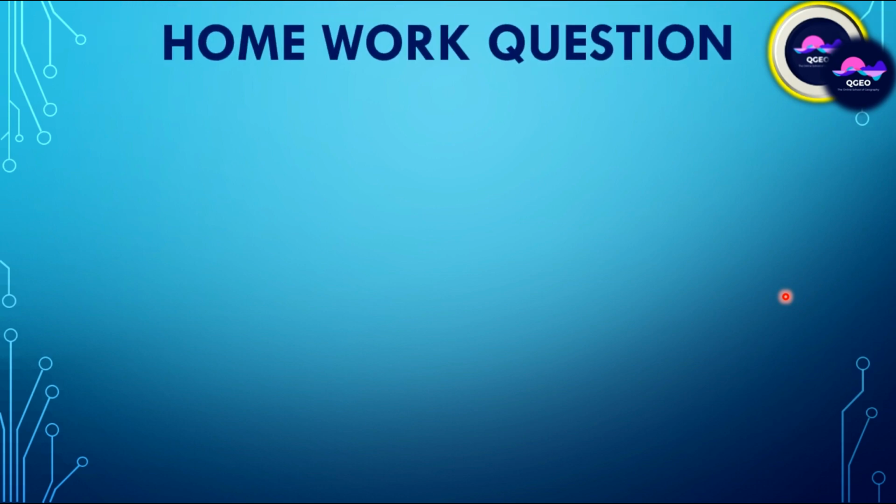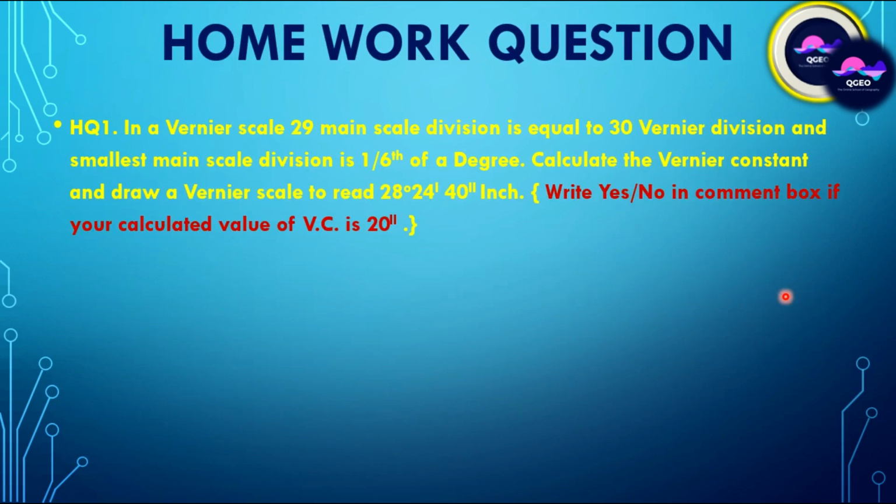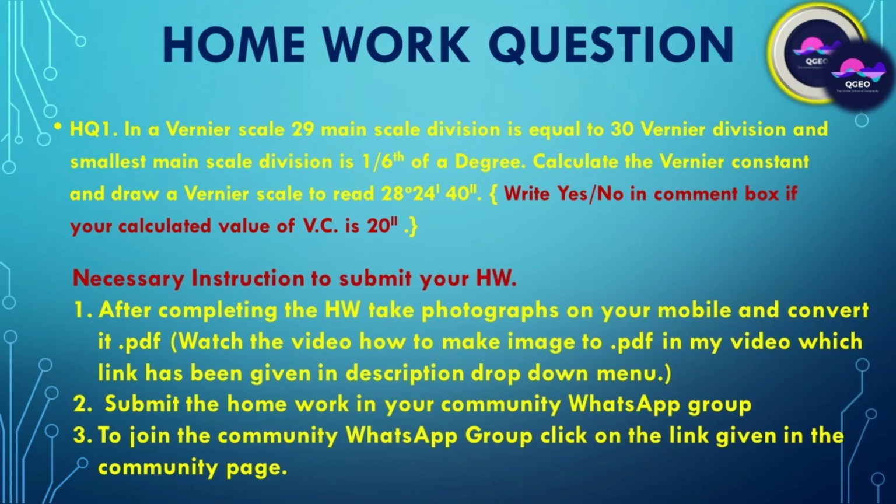Now the homework question. In homework question 1, in a vernier scale 29 main scale divisions are equal to 30 vernier divisions and the smallest main scale division is 1/6 of a degree. Just remember this, 1/6 of a degree. Calculate the vernier constant and draw a vernier scale to read 28 degree 24 minute 40 second.